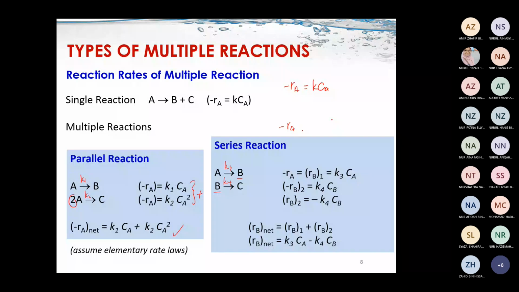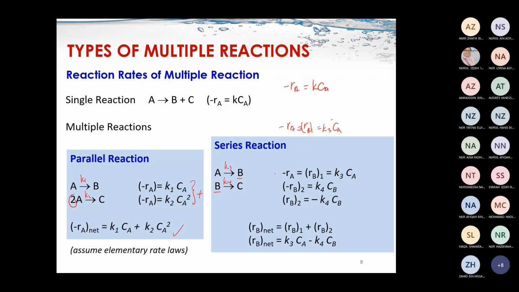Okay, so negative Ra is equals to Rb1. Kalau ni B dia akan jadi positif lah. Kalau ini as a reactant, okay. Sorry, dia adalah product formation, so dia akan positif here. So equal to K3Ca.